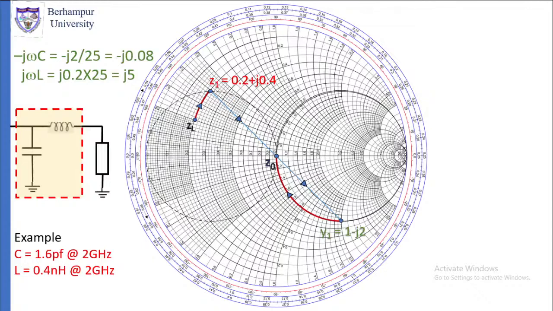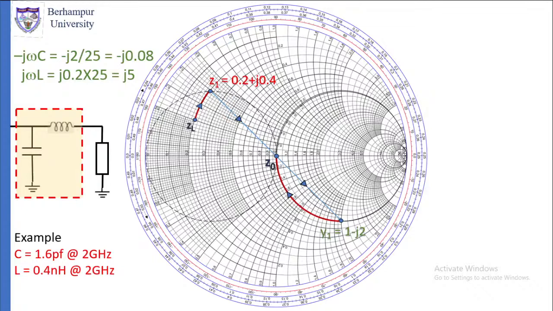From that you can find out C is equal to 1.6 picofarad. Similarly, omega L is equal to 5, so 4 pi L is equal to 5, so from that L will be equal to 0.4 nanohenry. So we can find out the capacitance value and inductance value.